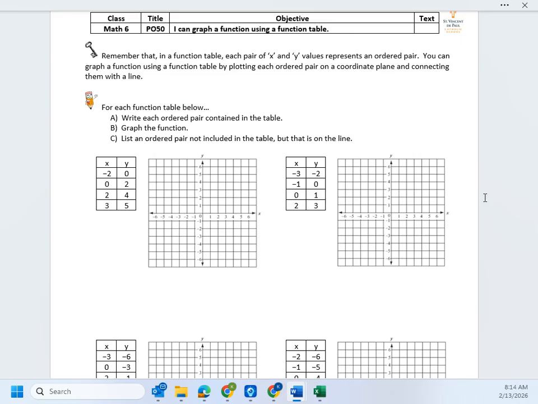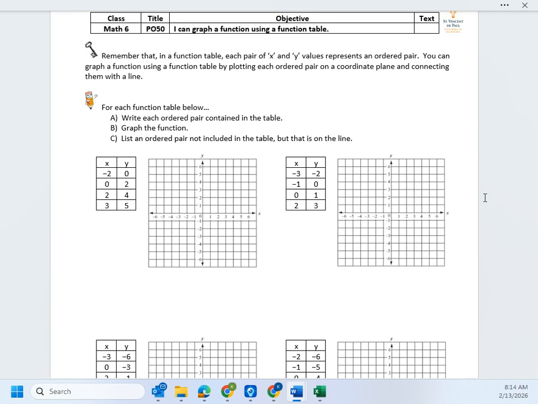So for today, yesterday's objective, I said we're working on those function tables with the rule of putting in the X and getting out the Y. Today we're going to see how we're going to graph that. So remember that in a function table, each pair of X and Y values represents an ordered pair.